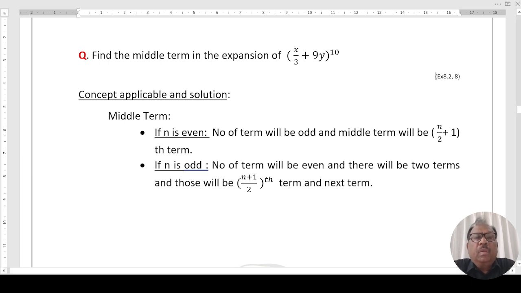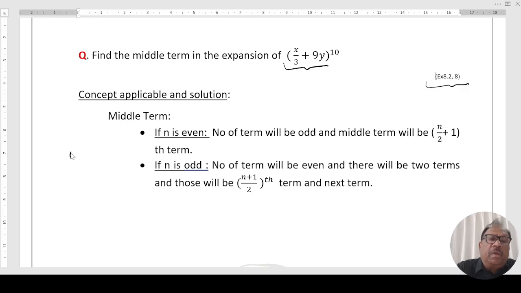Question is, find the middle term in the expansion of x by 3 plus 9y, the whole power 10. Question is taken from NCERT exercise 8.2. Concept applicable in solution: middle term depends on the exponent. In this case, exponent n is 10, that is even. The number of terms will be odd, that is 10 plus 1, that is 11.